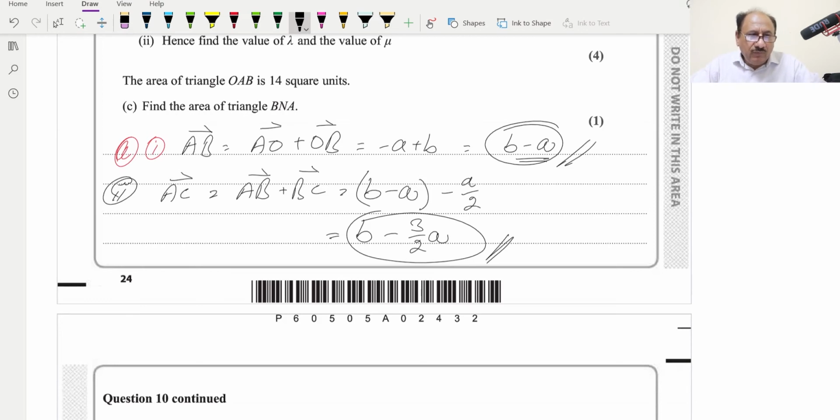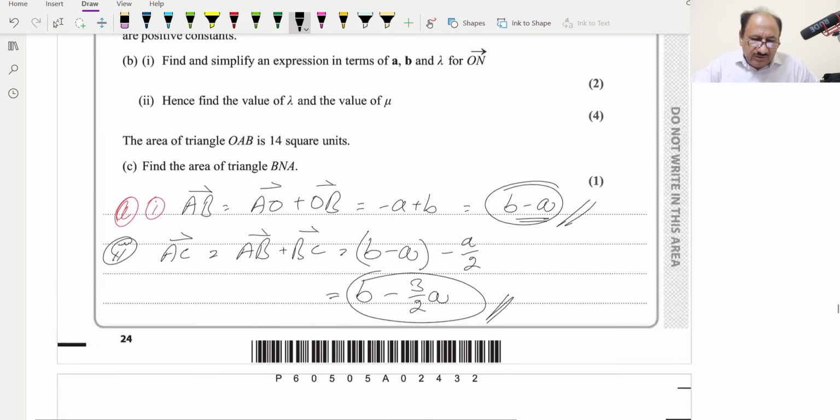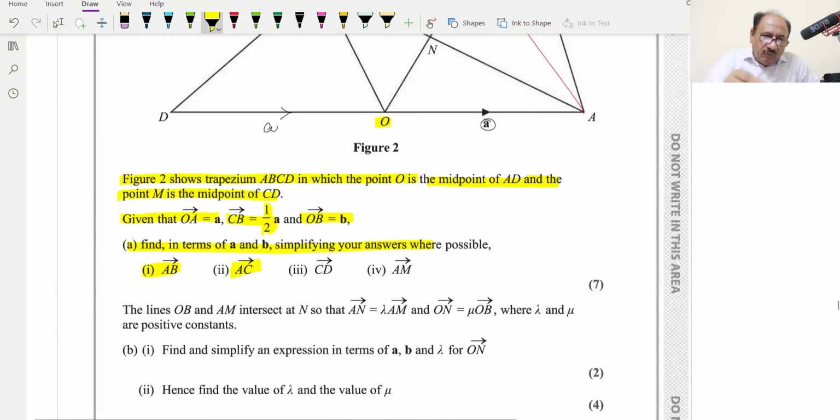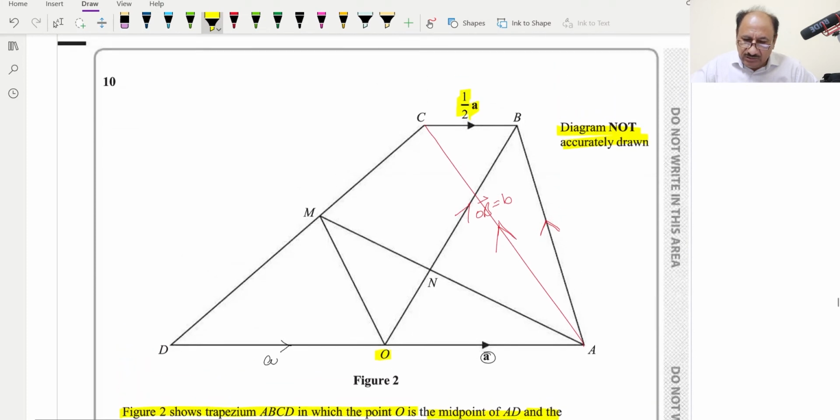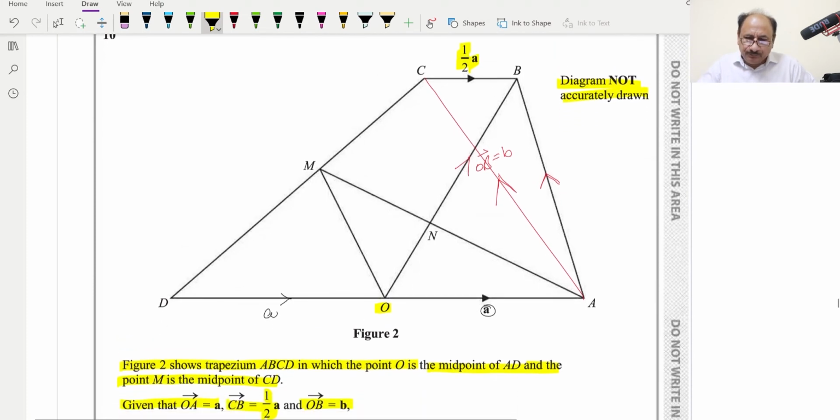Now we can move to the third part, which is CD. We need to find CD and we will check the location CD. Okay, so CD is this route, which we can show the direction. CD will be this one. So for CD we can take CA plus AD.